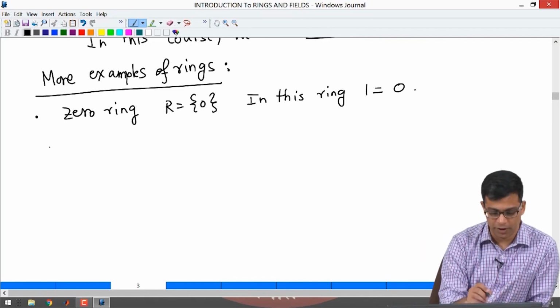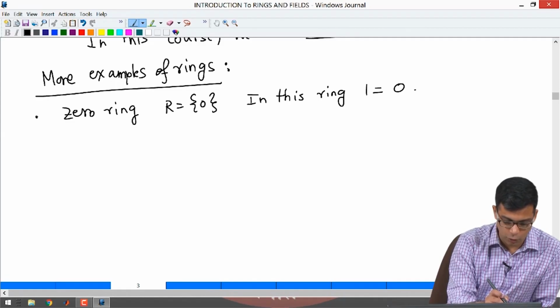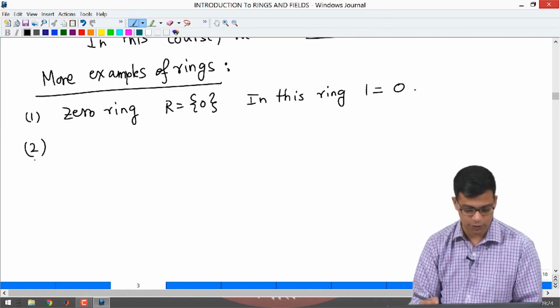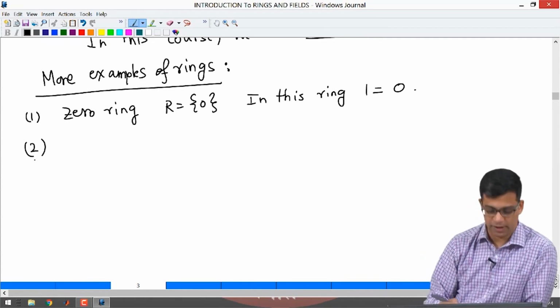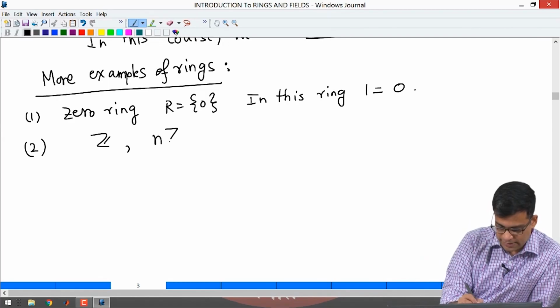But one example of a ring that I want to consider: when you studied groups, you studied group quotients, right. If you have a group, then you can quotient by a subgroup. So let us take Z and let us consider NZ.